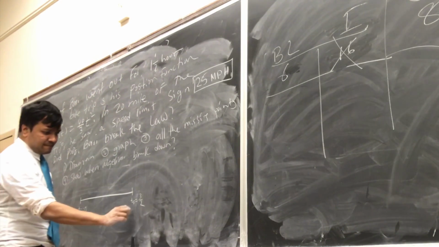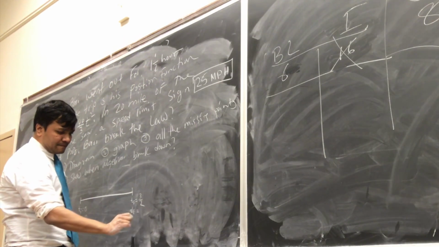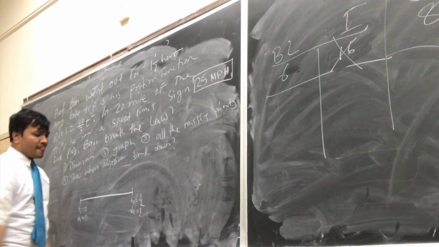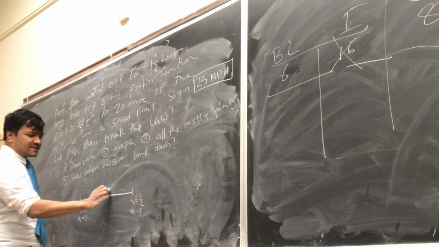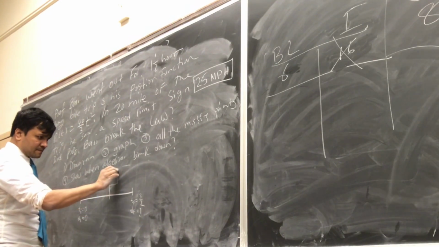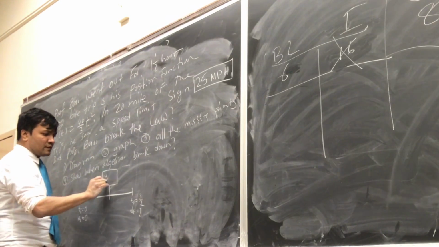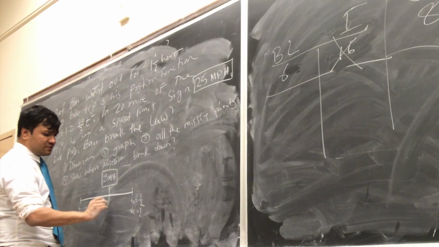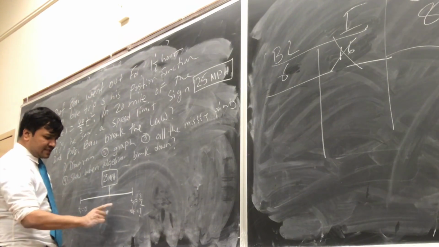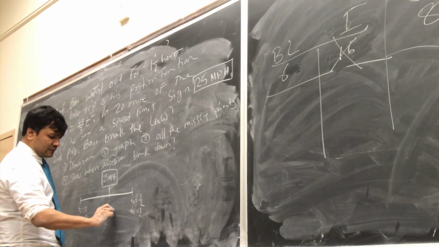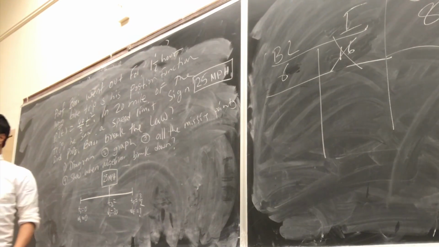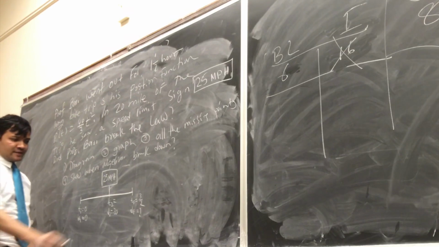What is D final? 20 plus, we don't know. What is D2? 20. What is T2? We don't know. We have to find it.